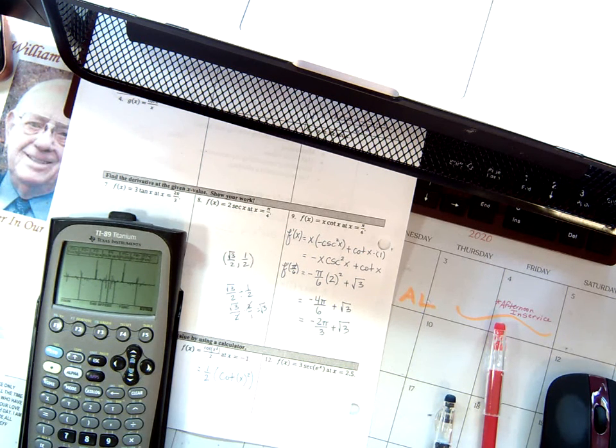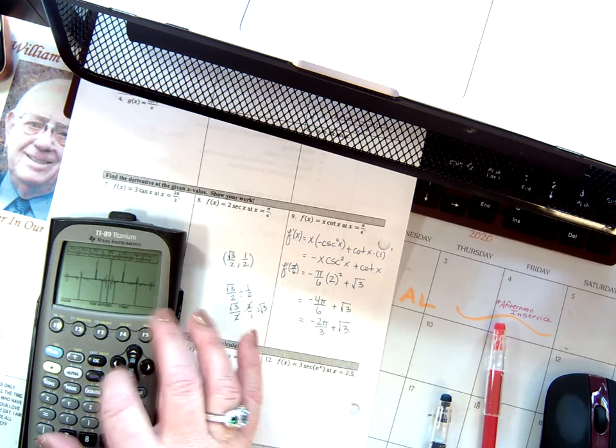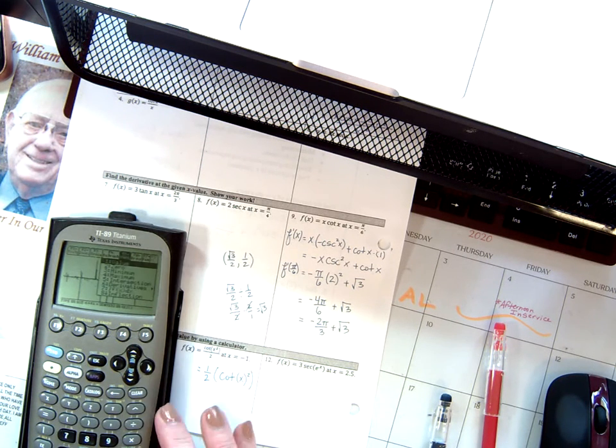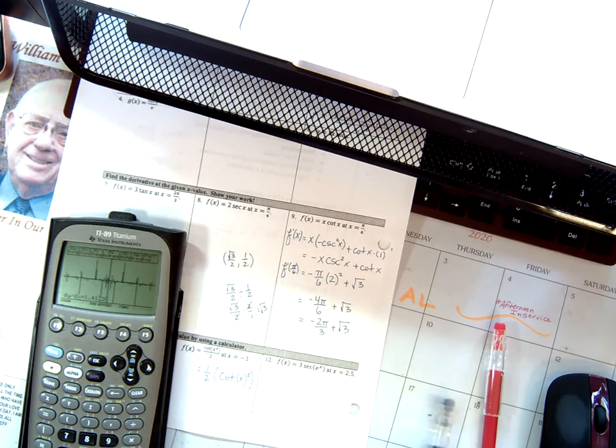All right, so when it's done being busy, you're going to go to your F5 and you're going to go to 6, find the derivative, press enter. You want to know the derivative at -1. And it tells you you've got 1.4123. And that's it.